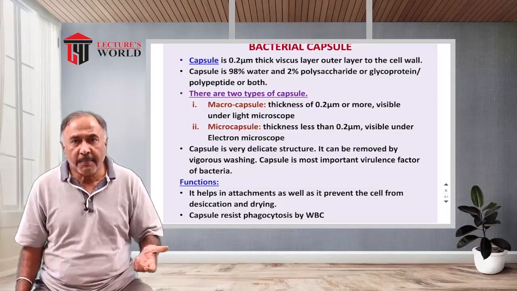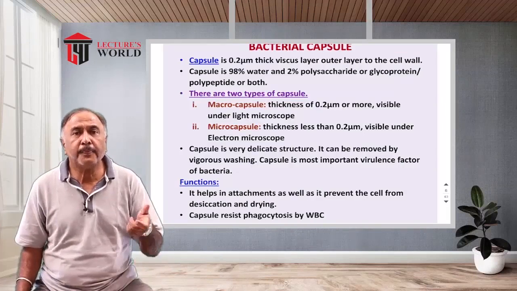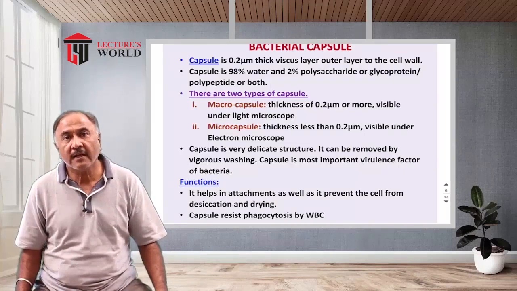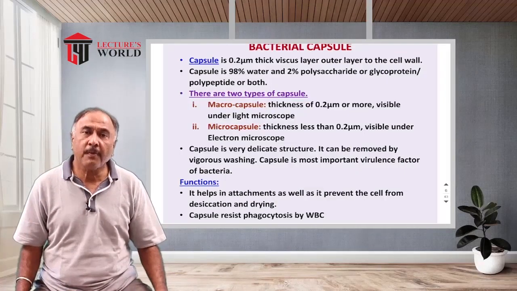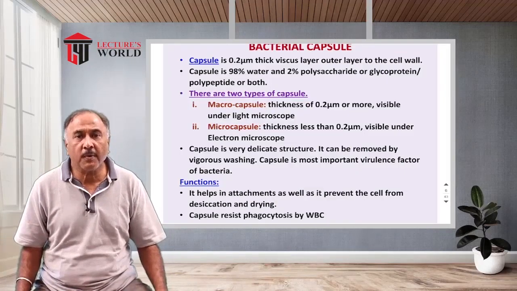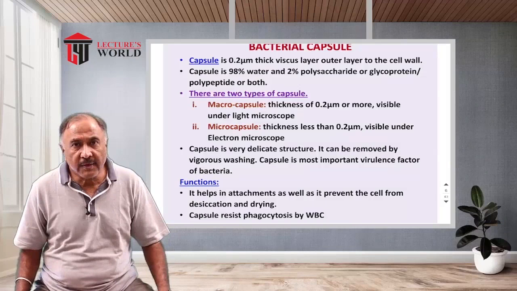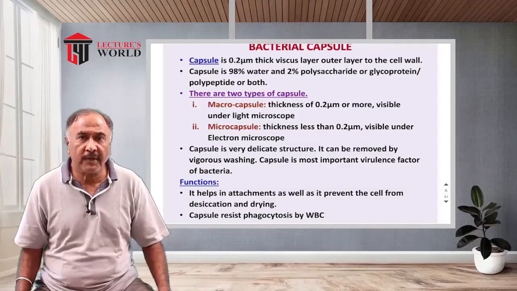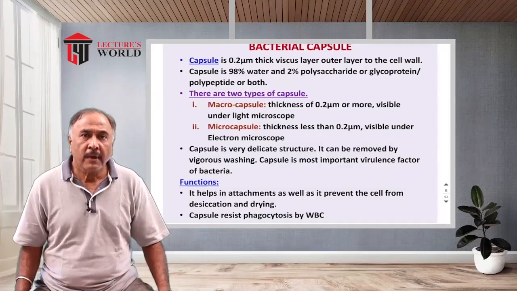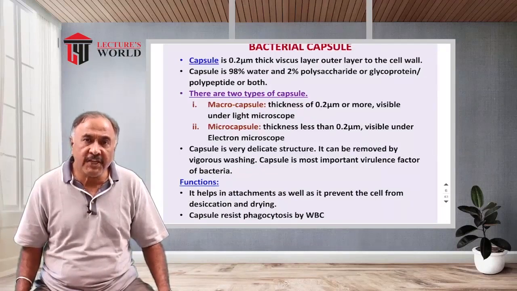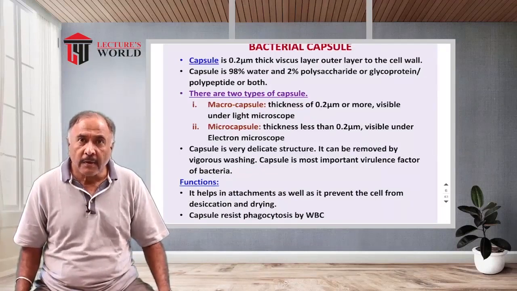Because it is made up of polysaccharides like dextrans and levans. These are polymers of simple monomeric carbohydrates like glucose. So dextrans and levans are polysaccharides.